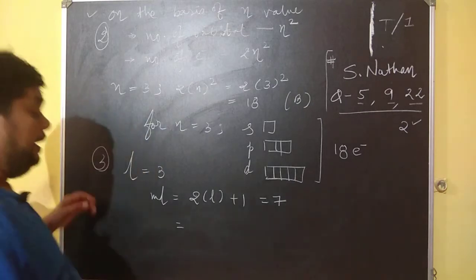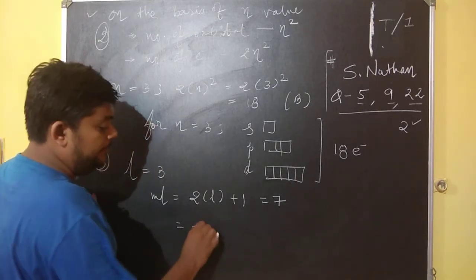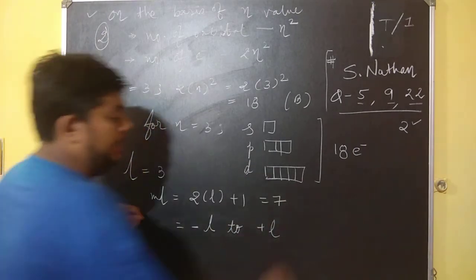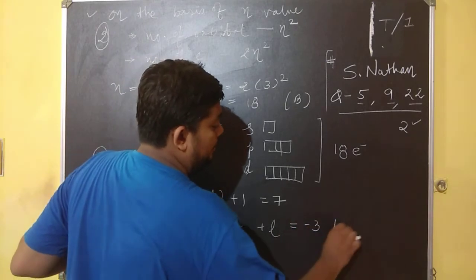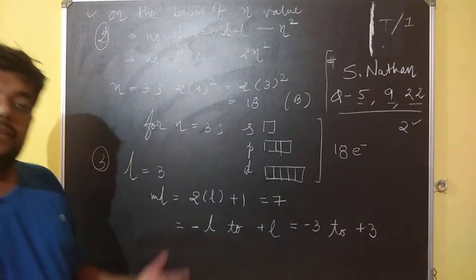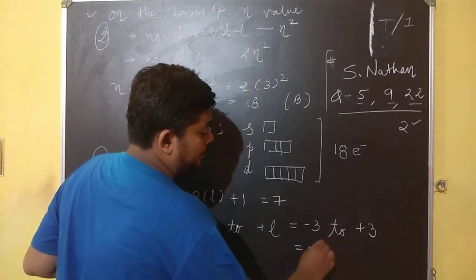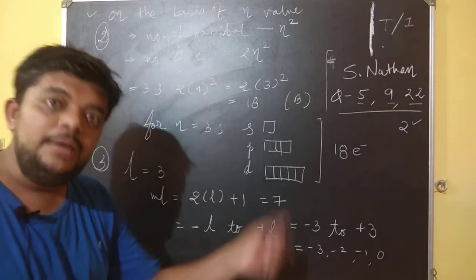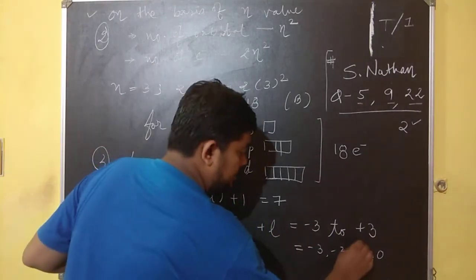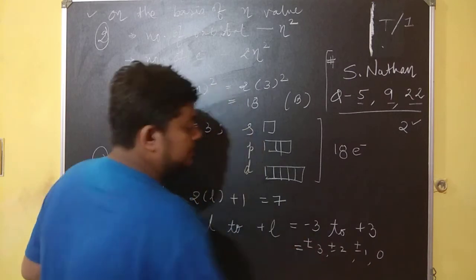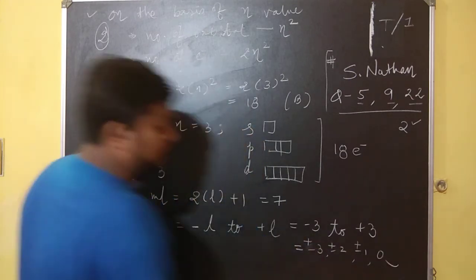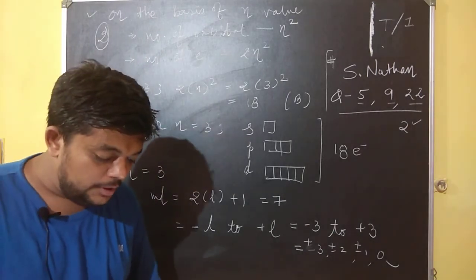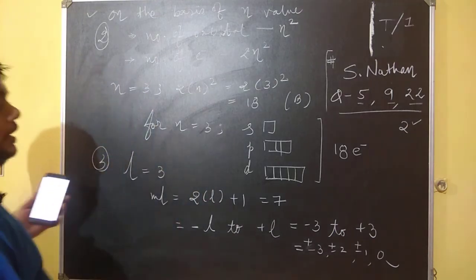And then my answer would be minus L to plus L including 0, and then I would have ended up with minus 3 to plus 3, and if such is the case, I can write minus 3, minus 2, minus 1, 0, plus 1, plus 2, plus 3, that can be mentioned like this. So this has to be my particular answer, and if this is the answer, I would end up with option number B again.